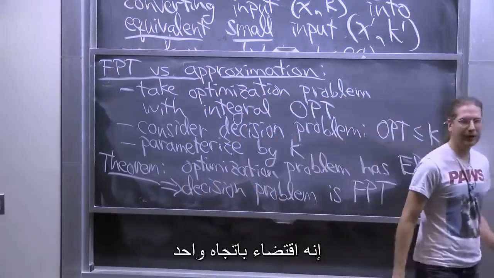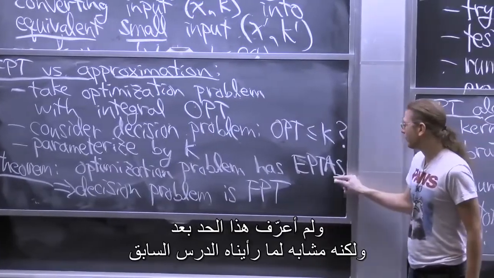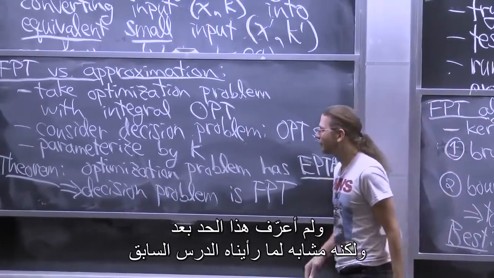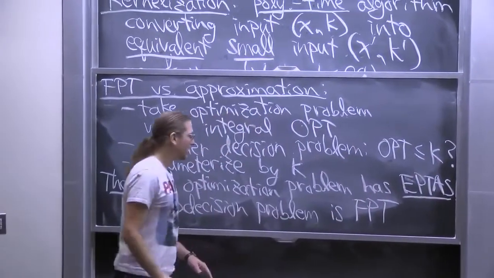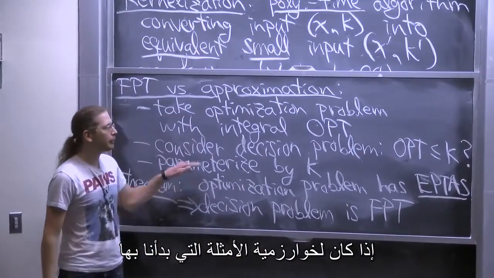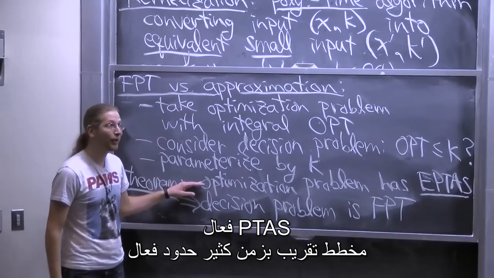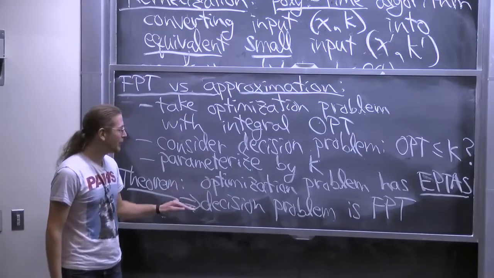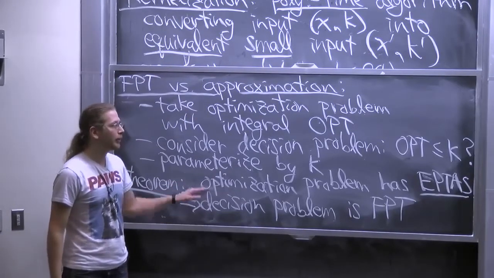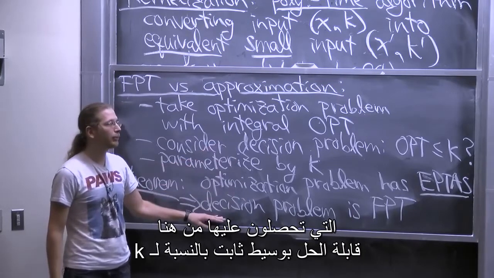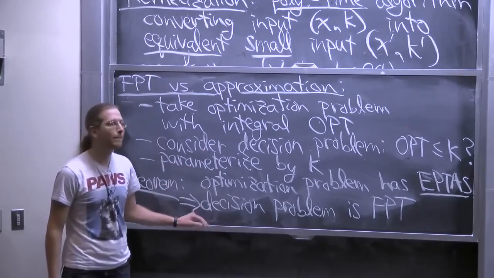So it's a one-way implication, and I haven't defined this term yet, but it's similar to one that we saw last class. If the optimization problem that we started with has an efficient PTAS, an efficient polynomial time approximation scheme, then the decision problem you get from here is fixed parameter tractable with respect to k.